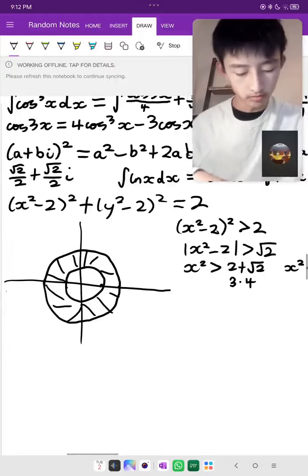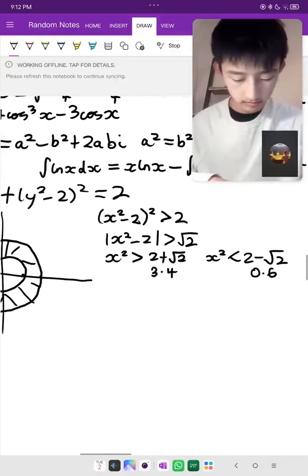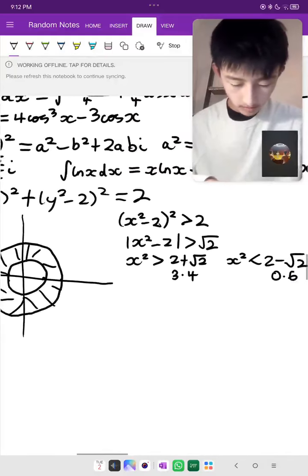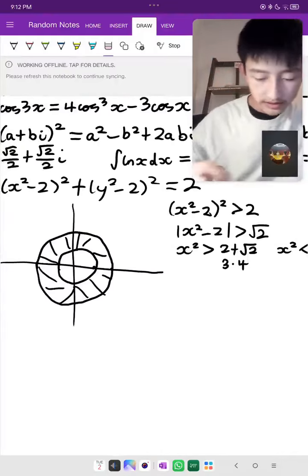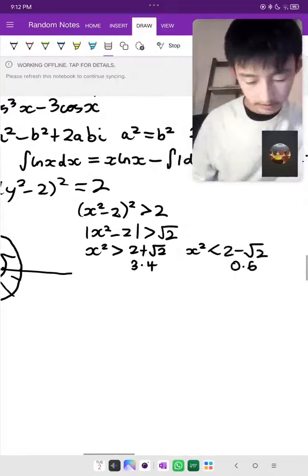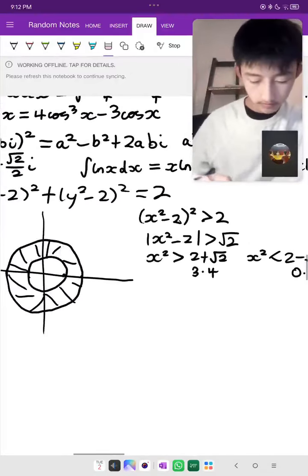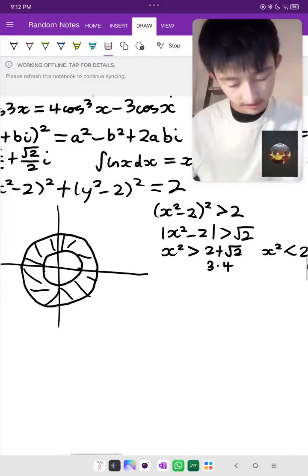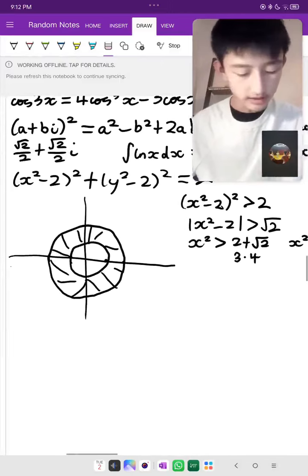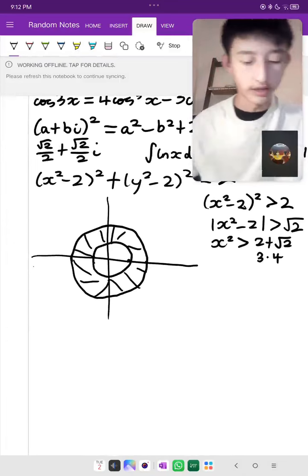So, well, I've said it doesn't make sense. X needs to be less than... Oh, wait, yeah. So x squared needs to be less than 0.6, or x squared needs to be greater than 3.4. Oh yeah, so arbitrarily large things do work fine.